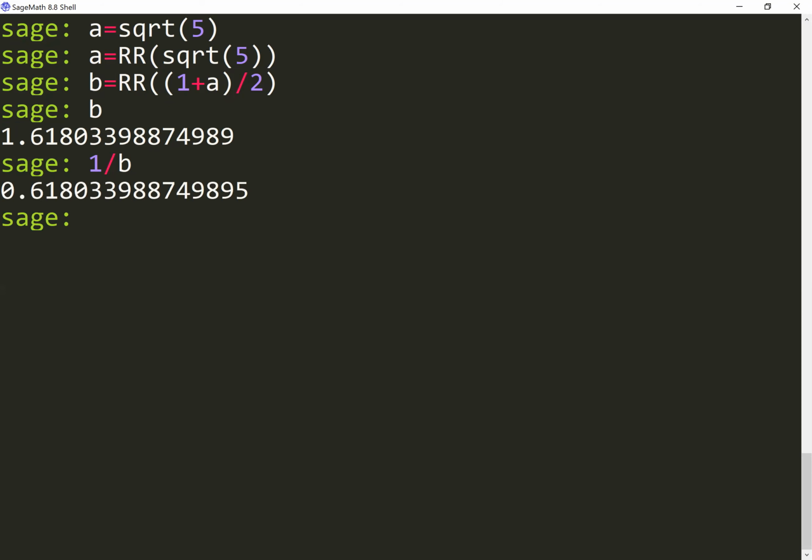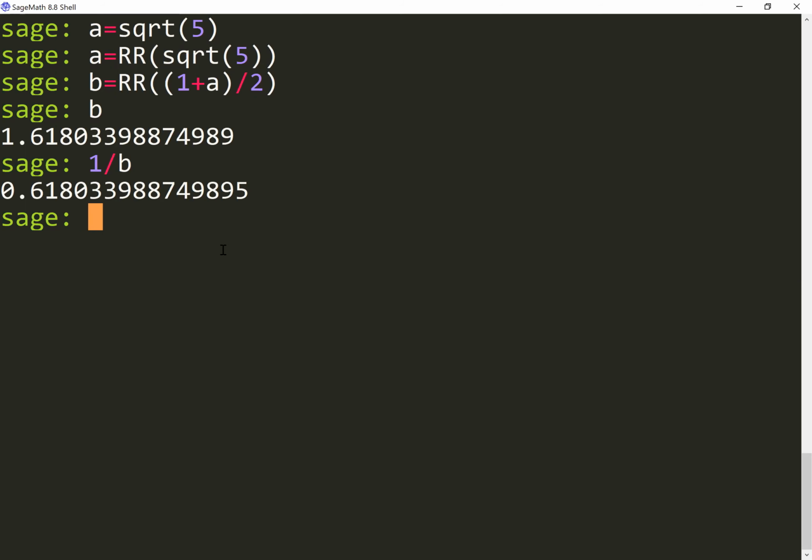Now we already know, for instance, F8. What is F8? Let's check our answer. F7 is 13.